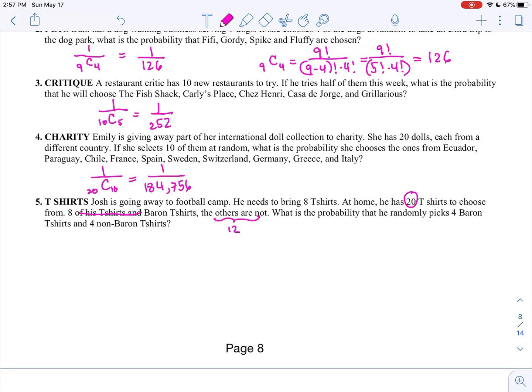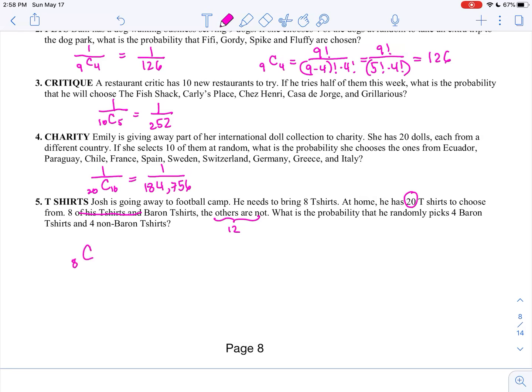So when we have 2 subgroups in which we have to select from each one of those subgroups, our top changes, in that we have to find all of the possibilities for each one of those subgroups having the selection made that is required of the problem. So what is the probability he chooses 4 Baron t-shirts if he had a subgroup of 8 Baron t-shirts?